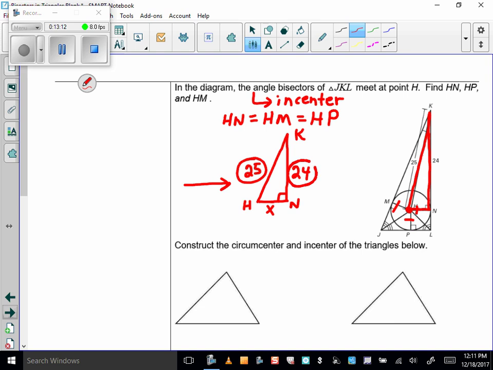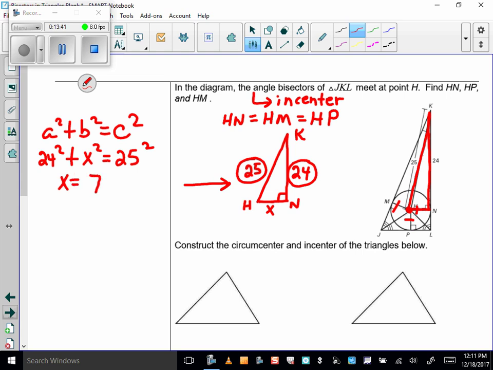One of the sides is 24 units. So I can just use the Pythagorean theorem that says a squared plus b squared equals c squared. And let's see, I got 24 squared, and I called that other side x, plus x squared equals 25 squared. And if you go to the trouble of solving that, you'll find out that x equals 7. And that's what all those lengths are, 7 units.